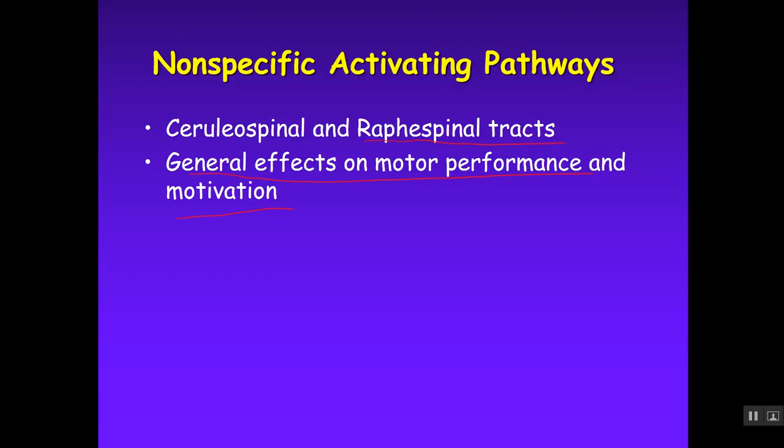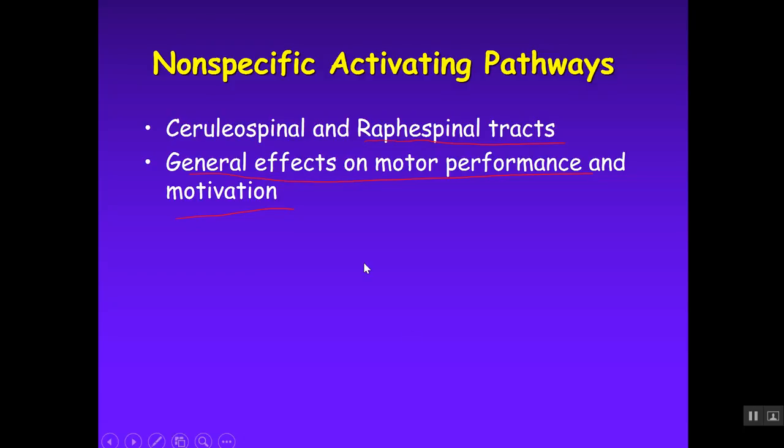Or if you get near the edge of a cliff and you stiffen up because you're trying to reduce your postural sway, these cerebrospinal and raphespinal tracts go down and modulate overall motor output, up or down, good or bad. Sometimes it's good, it's protective. Sometimes it gets in the way of smooth performance.